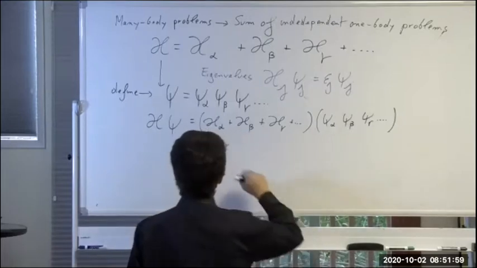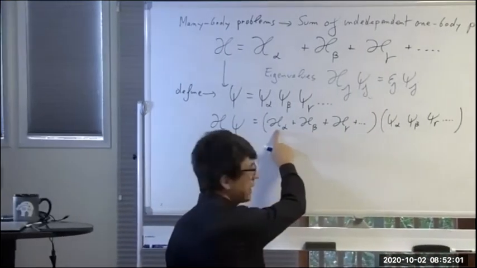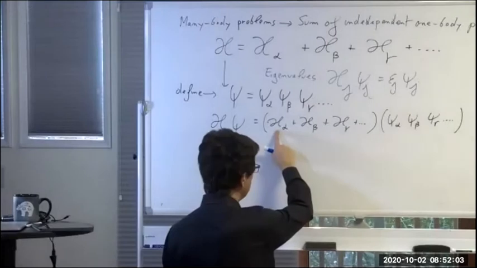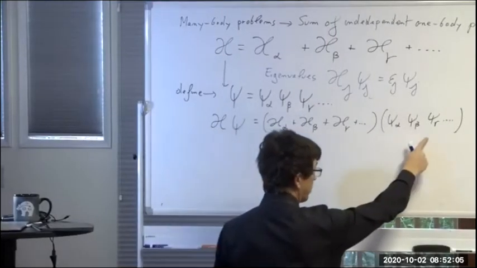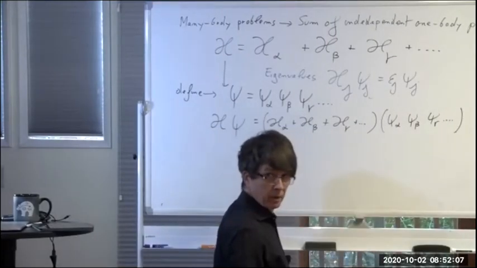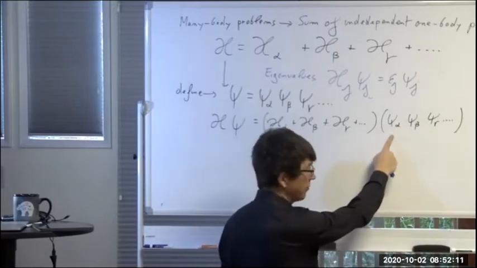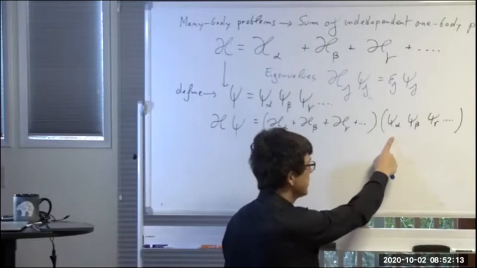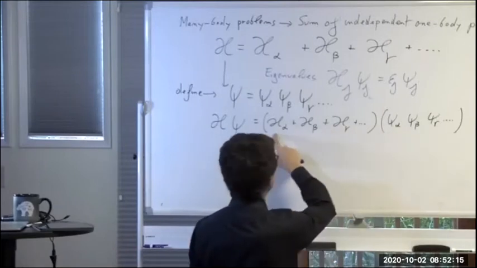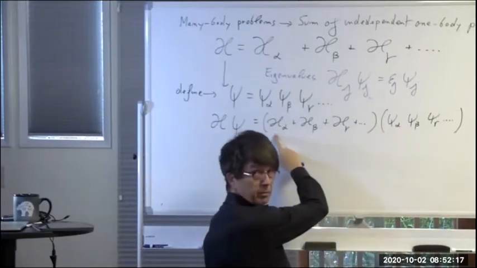So if you take, for example, H alpha, when that operates on this product wave function, it only sees psi alpha, because psi alpha is the only thing that has any coordinates in it that relate to the Hamiltonian in alpha.